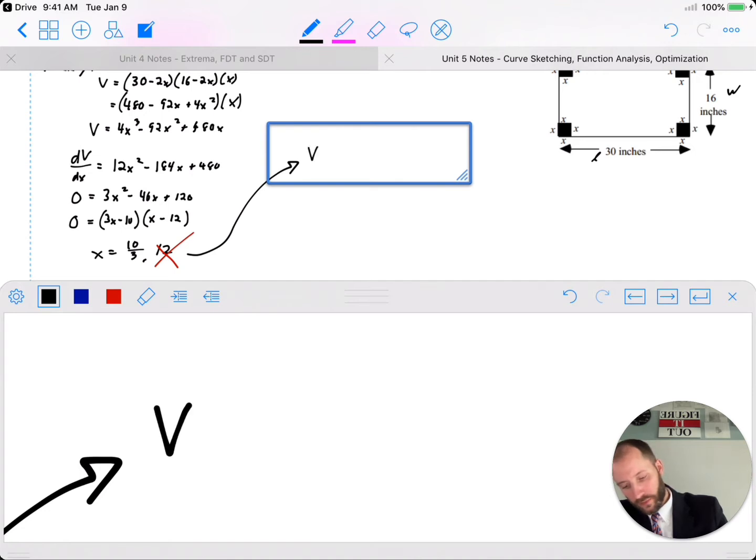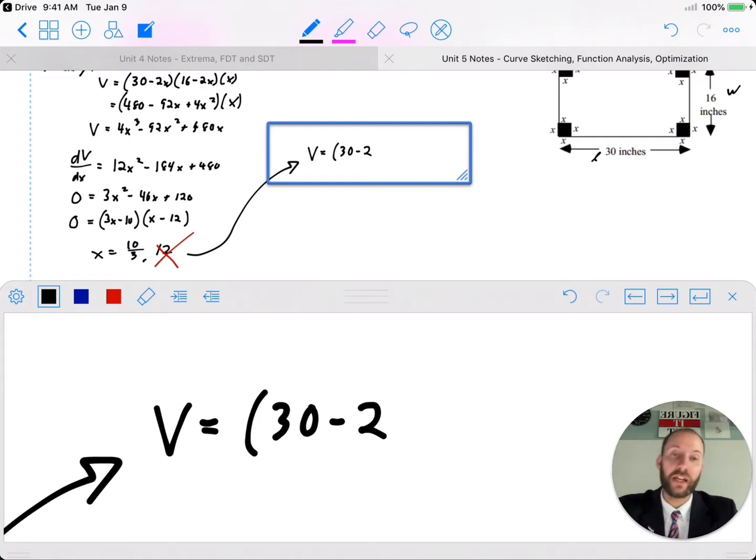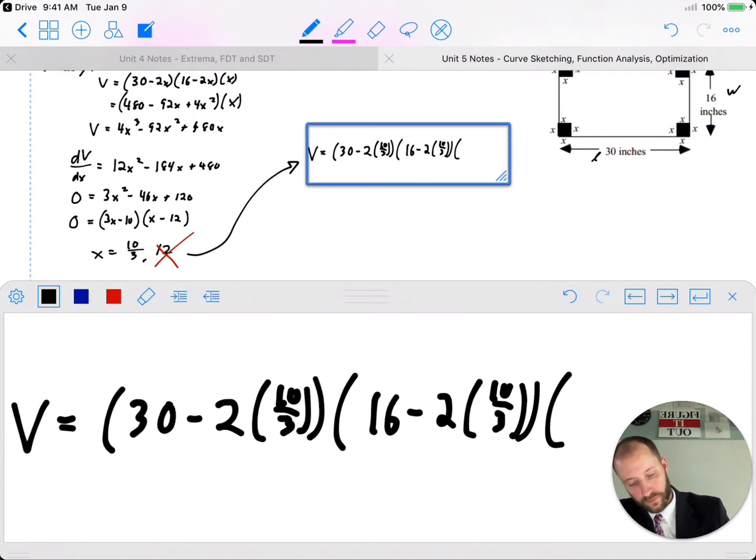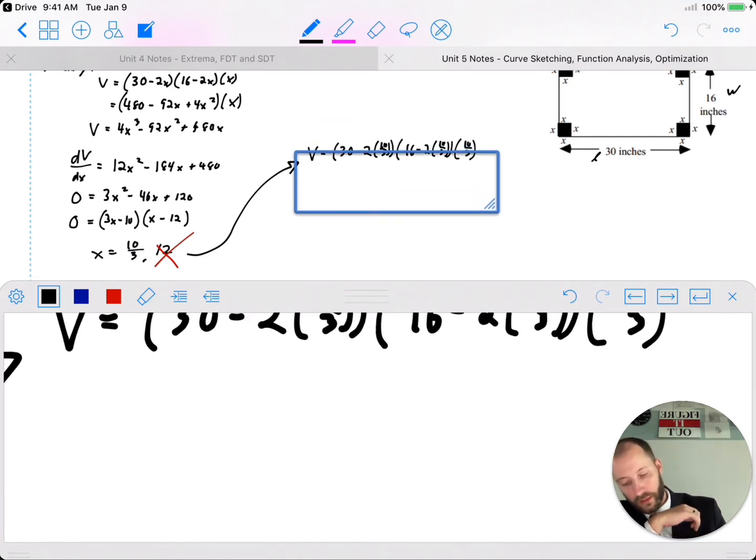So our volume, which is 30 minus 2x, and for x, plug in 10/3. And then 16 minus 2x, x is 10/3. And all of that is then multiplied by 10/3. So we have 2 times 10/3, that's 20/3.